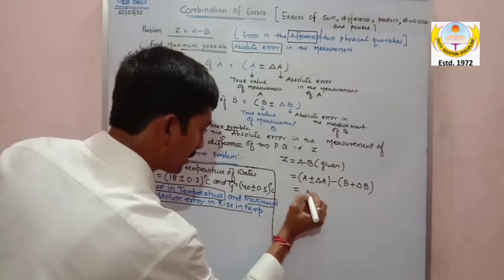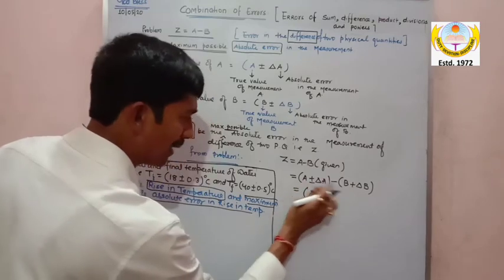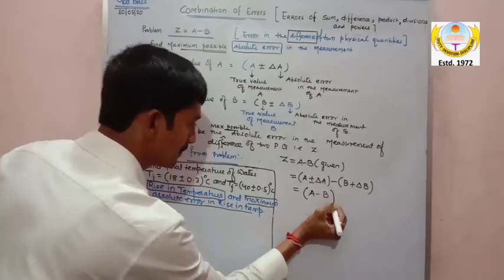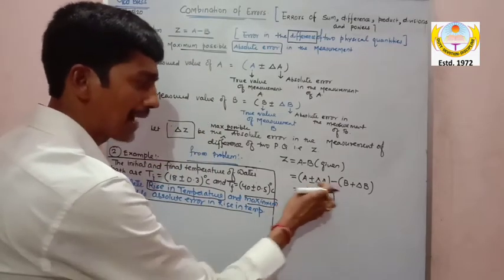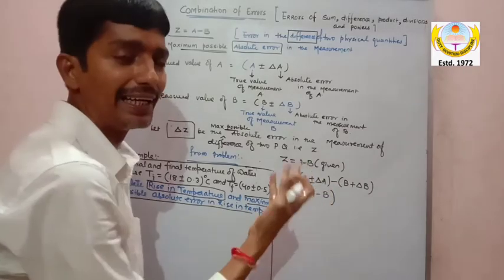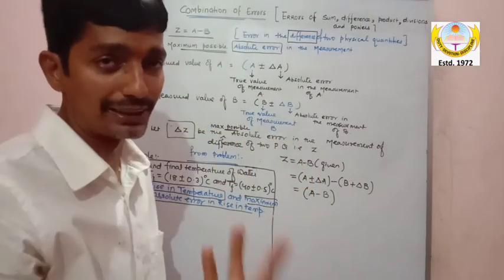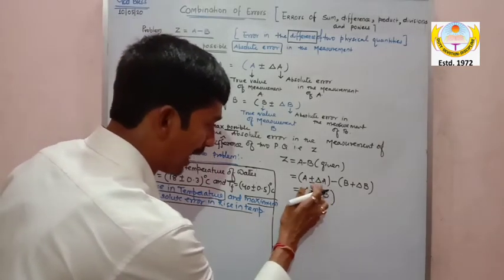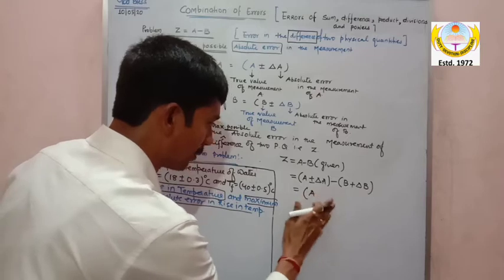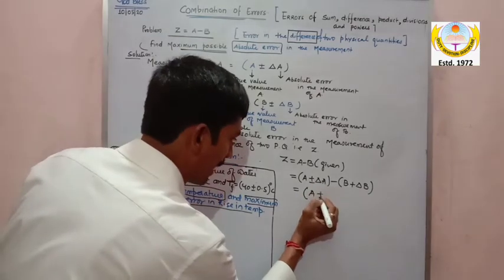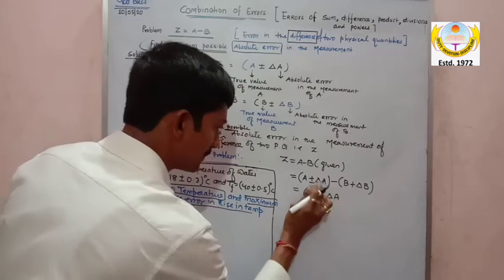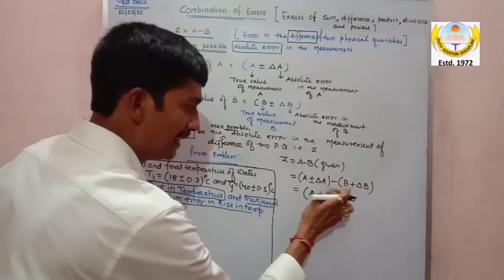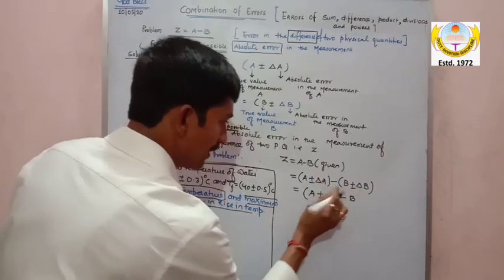Now a is a true value and b is also a true value, so this will be a minus b. That is, both true values will be subtracted, because it is a difference. Now here, a minus b, and I can open this one. This will be a plus minus delta a minus b, and here it is minus b.